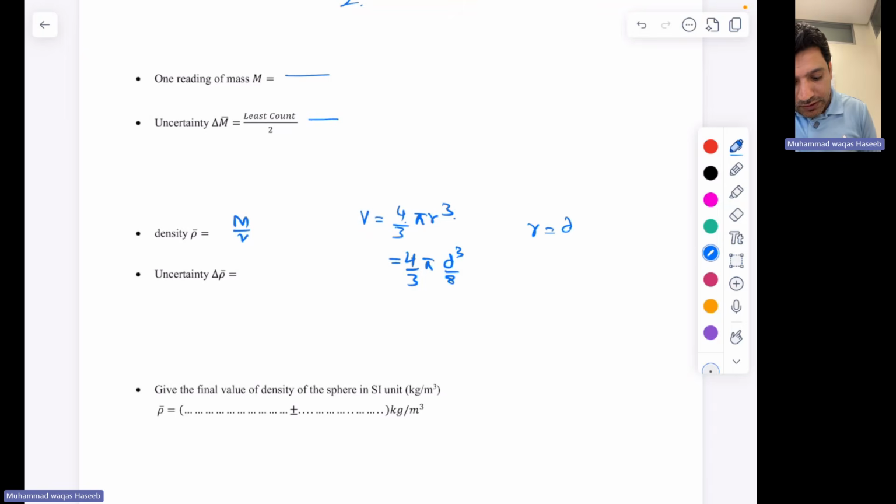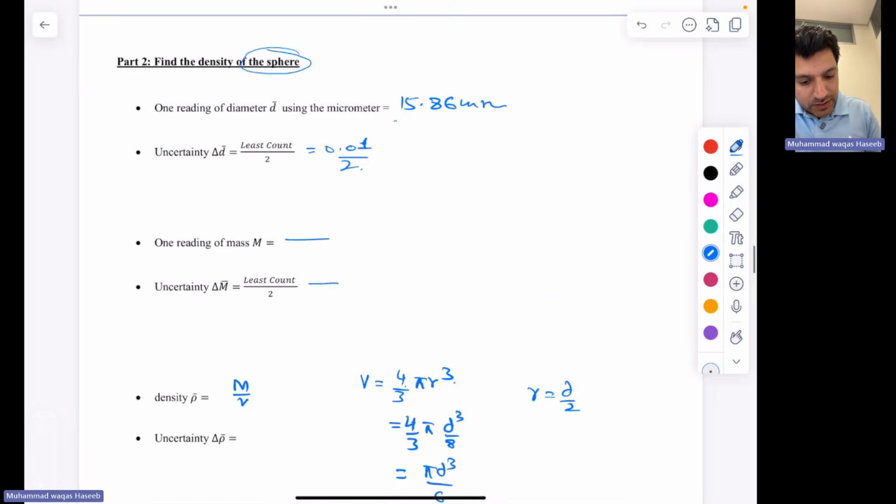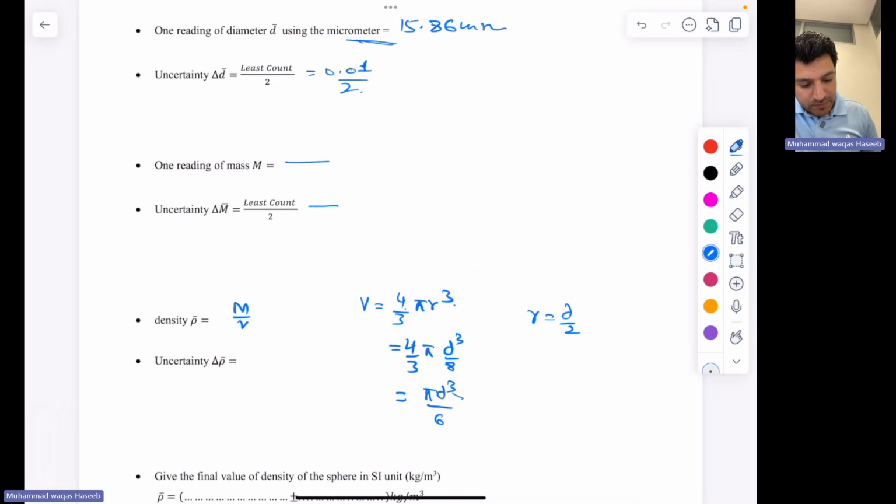So you will get pi d cube divided by 6. When you substitute the value of d and put the value in, you will get the volume. And when you divide mass by the volume, you get mass divided by pi d cube divided by 6. This is how you calculate density.